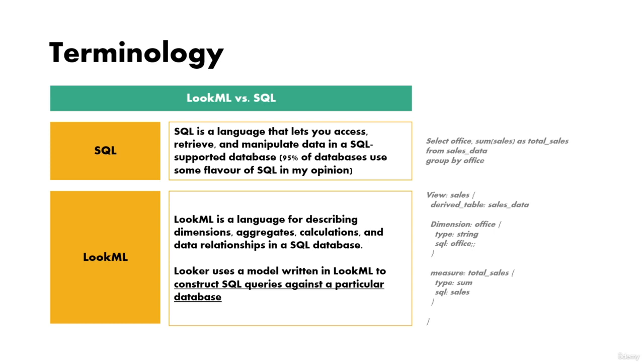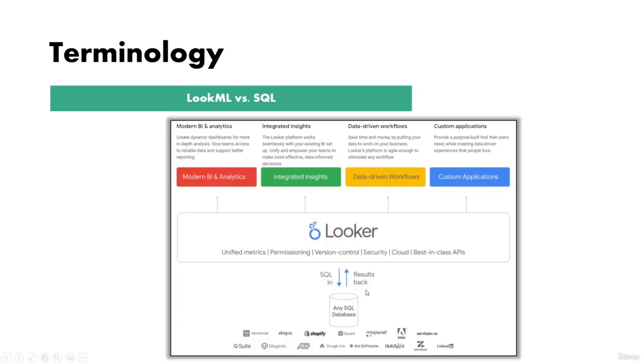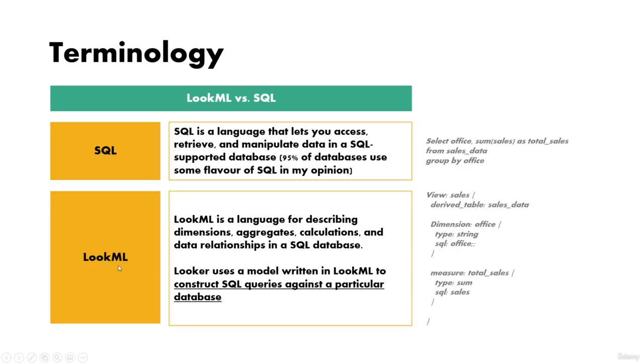But that's really annoying because then that person does not have access to the raw data anymore. This person only has access to a subset of the data, which is the ETL. Instead, you give your users access to the entire SQL database, but you create a LookML model that basically defines certain fields and logic for them. So they don't go crazy, and it constructs SQL queries in the background that actually make sense.